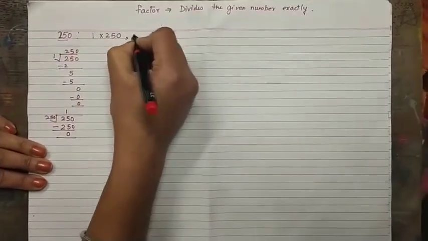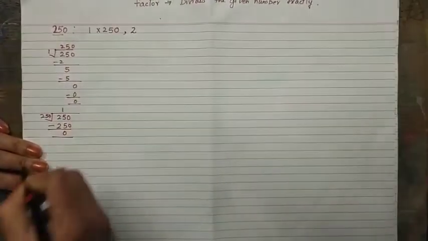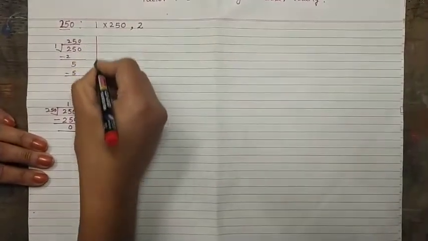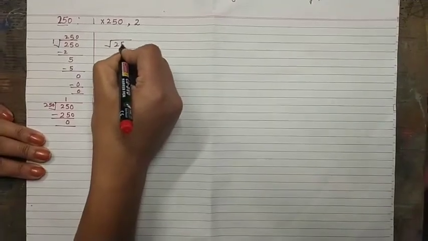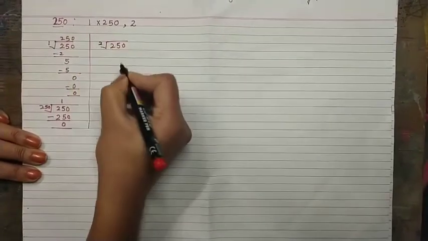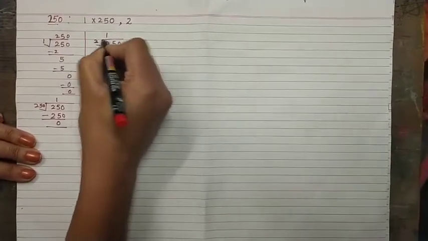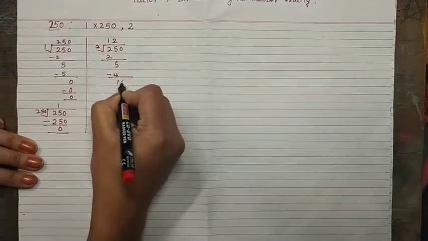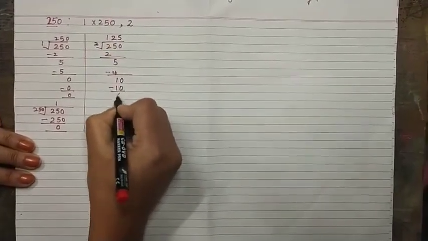So let us check with number 2. ठीक है, इस तरह से 1 2 3 4 से अगर हम चलते हैं तो हमें इजी रहता है कि हमें कहाँ स्टॉप करना है. So now let us check with number 2. Let us divide 250 with number 2. 2 1s are 2, 2 2s are 4, we'll subtract, this is 10, 2 5s are 10.